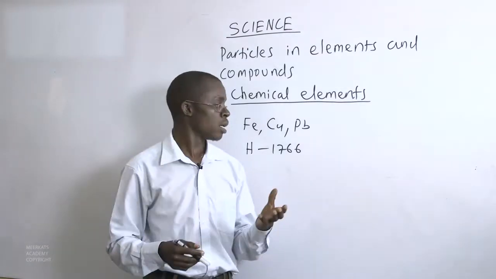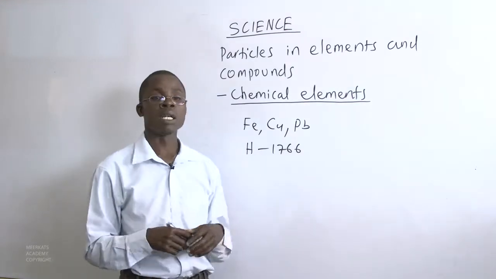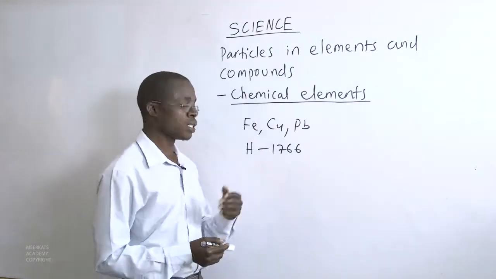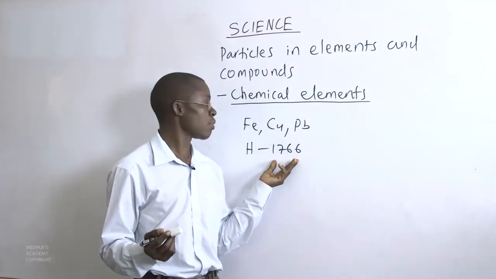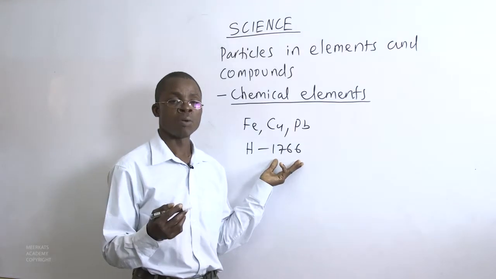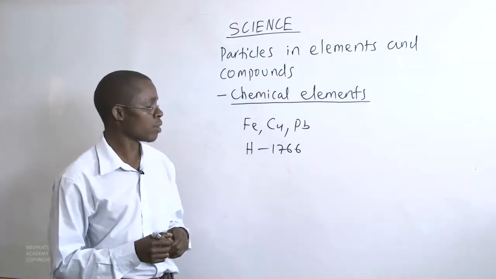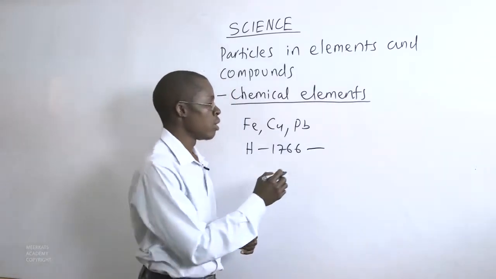So just like what we did previously, you can go on and list out all the scientists, the year in which a particular element was discovered, and even the uses associated with that element. For example, for hydrogen, you can discover that hydrogen can be used as fuel.